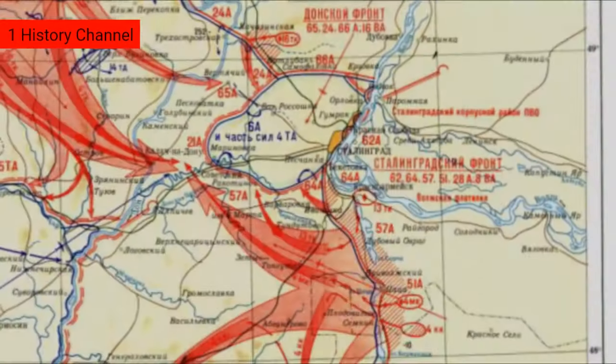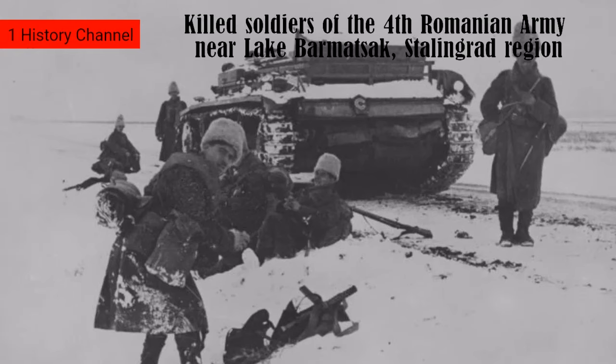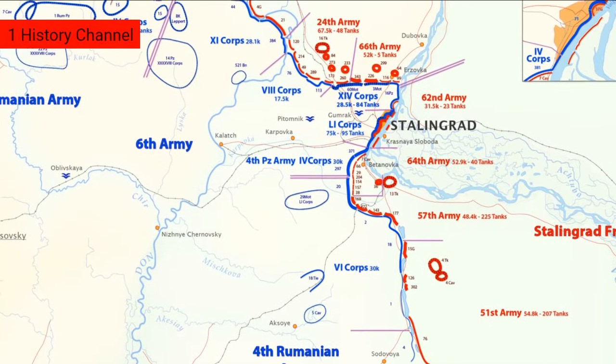The German southern flank was targeted by the Stalingrad Front's 51st and 57th Armies, led by the 13th and 4th Mechanized Corps. These would punch through the 4th Romanian Army, in order to link up with the 5th Tank Army near the town of Kalach. In total, the Soviets had amassed 11 armies and various independent tank brigades and corps.